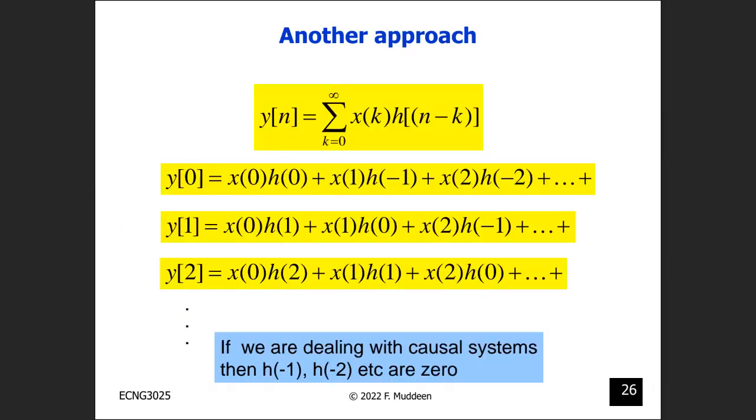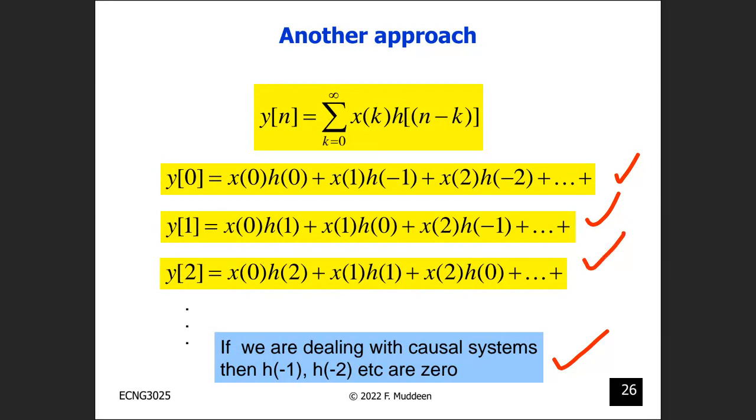Right? Now we have another approach that we could take. If we're dealing with causal systems, it means that H minus 1, H minus 2, etc. are 0. This is what we did just now in the first 3 slides.